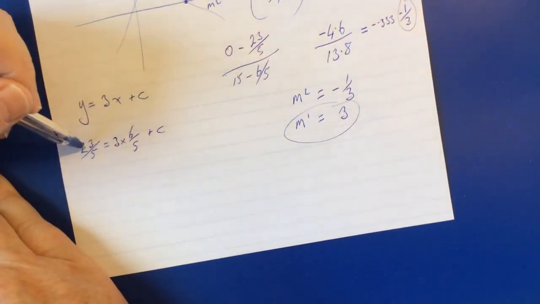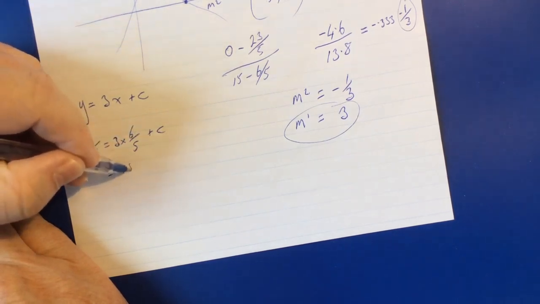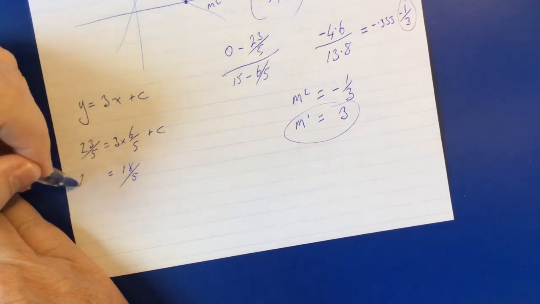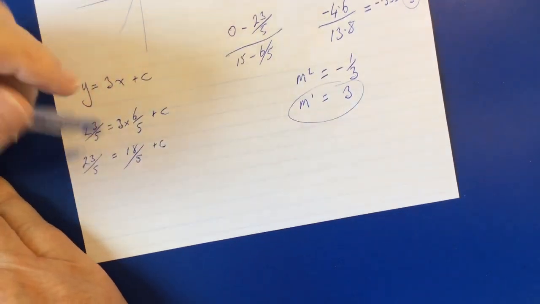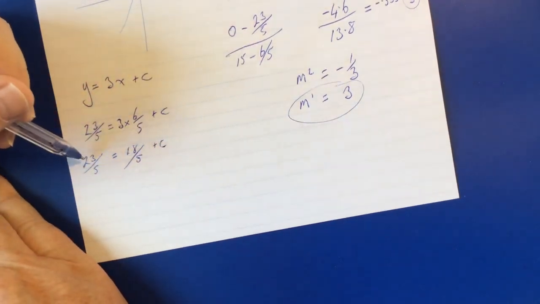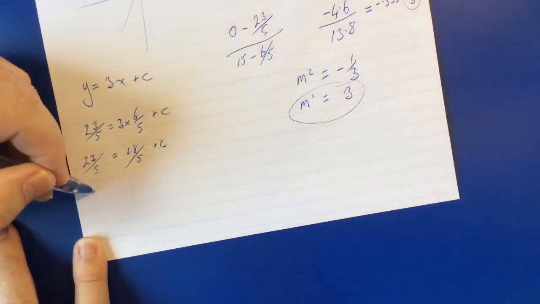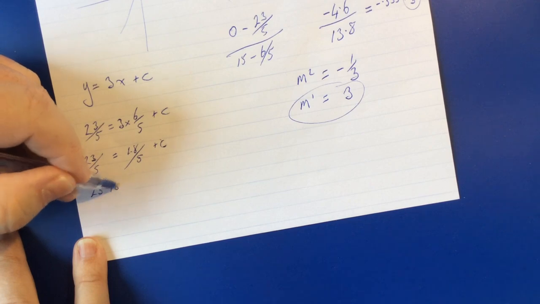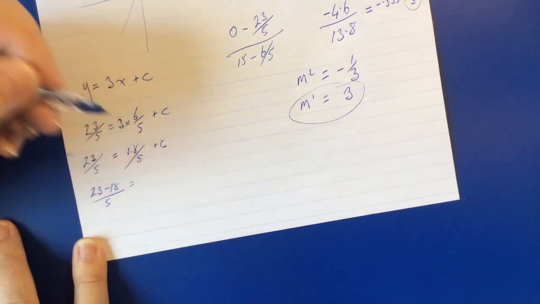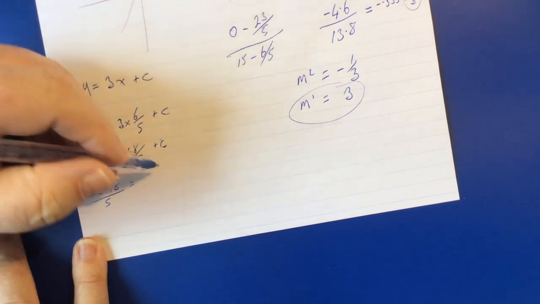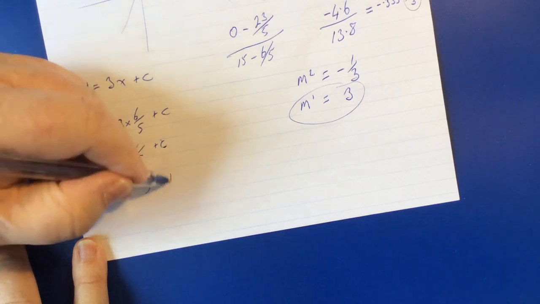Now, 3 times 6 on 5 is equal to 18 on 5. And we have 23 on 5 over here. So that minus that equals c. So 23 minus 18 all on 5. Surprise, surprise. It equals 5 on 5, which equals 1.